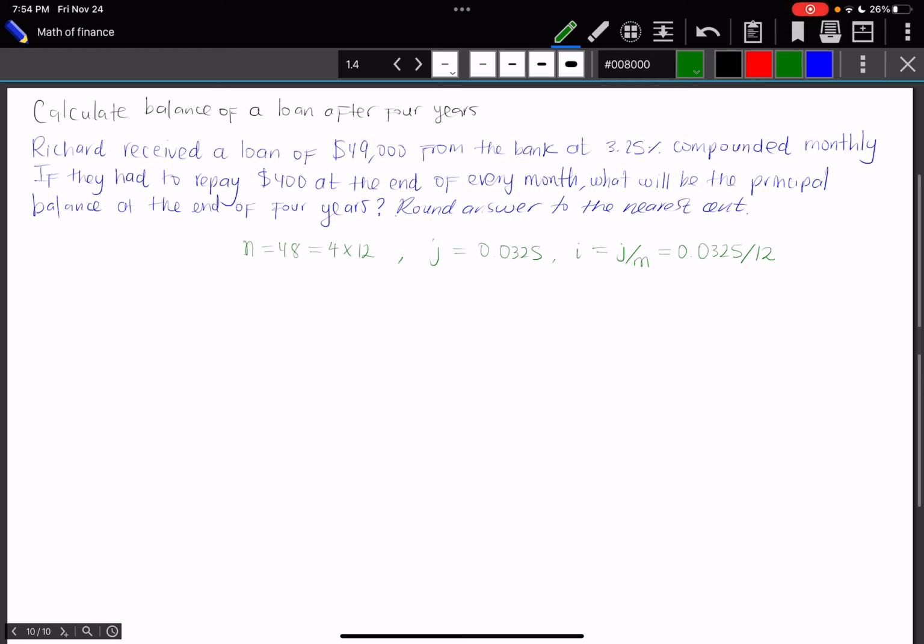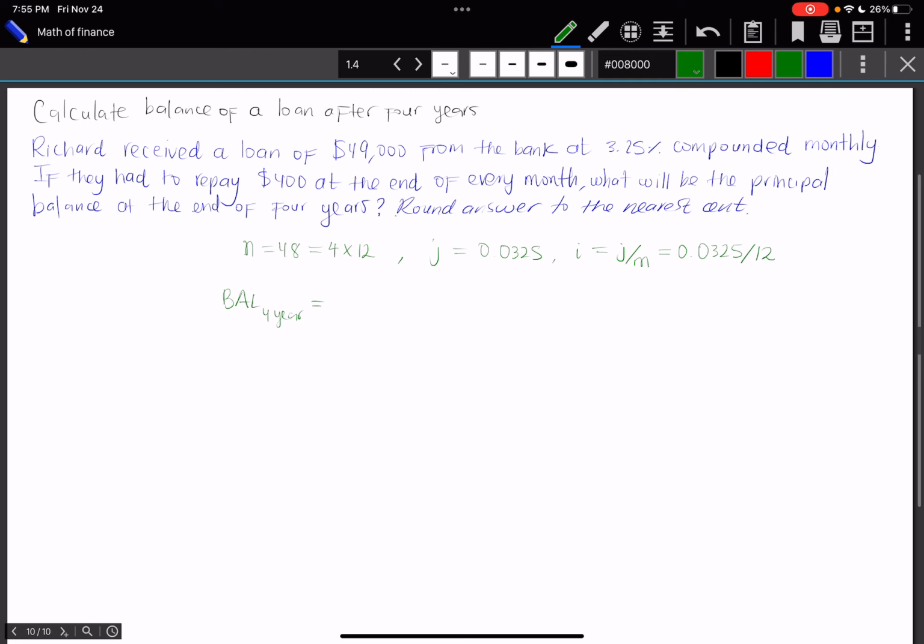Now, to find the balance of the loan after 4 years, we're going to use a method called the retrospective method, in which we consider payments that have already been made. The idea of the retrospective method is that the principal balance at the focal date, in this case after the 4 years, can be calculated by doing the following.